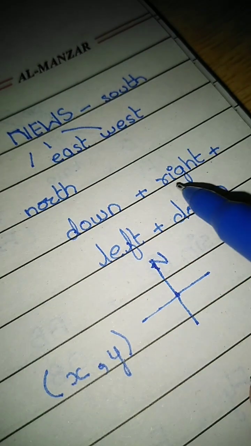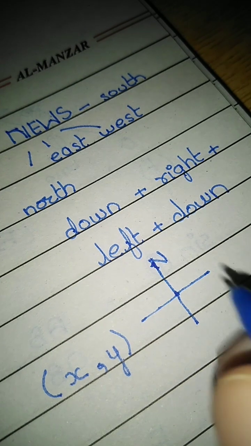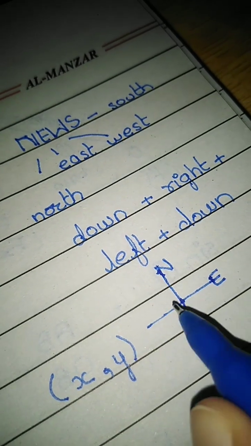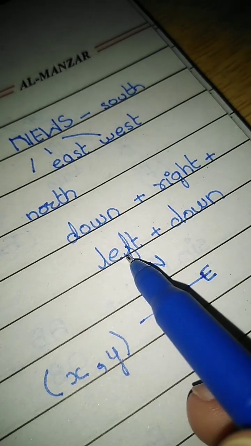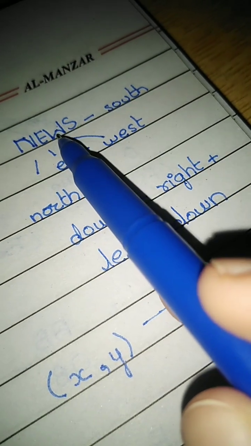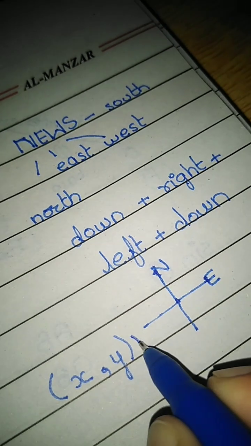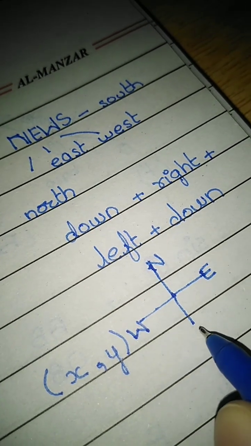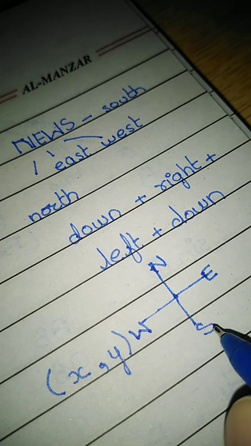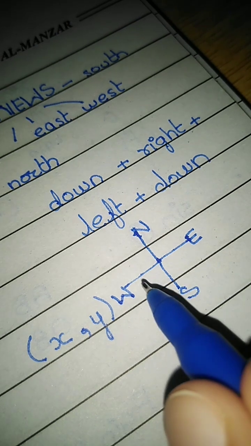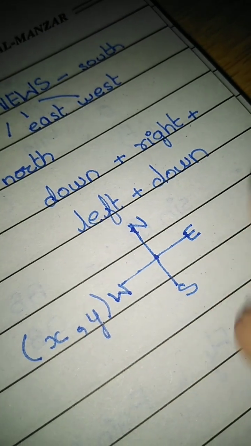Then east: the second move is right, so we write E. The third move is left, and the third one is west, so we write W, and the last one is S. So here we got the directions. This is the correct way to find the directions very fast.